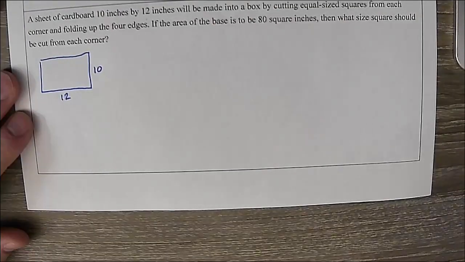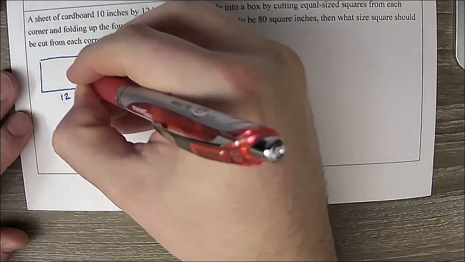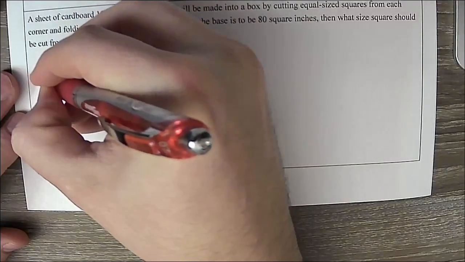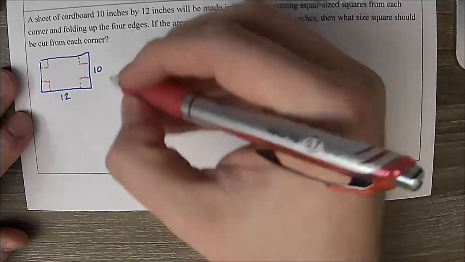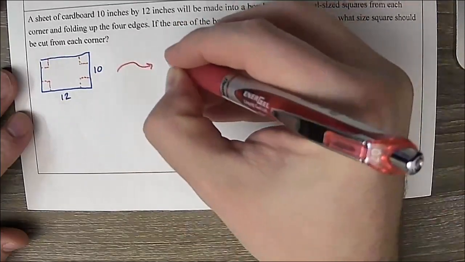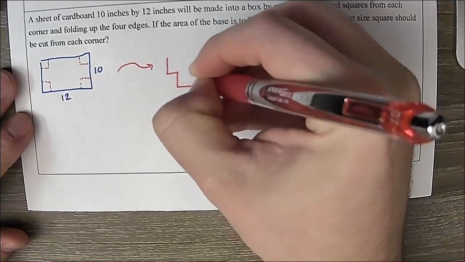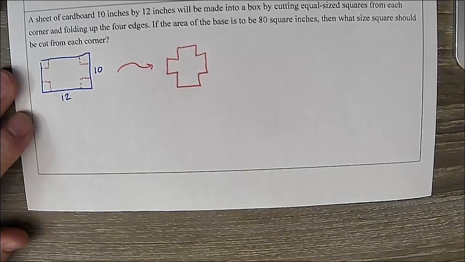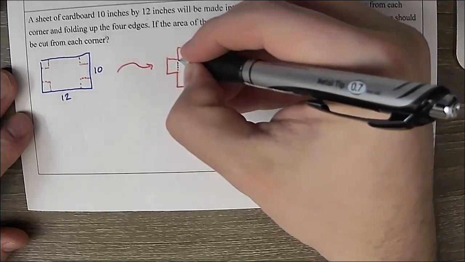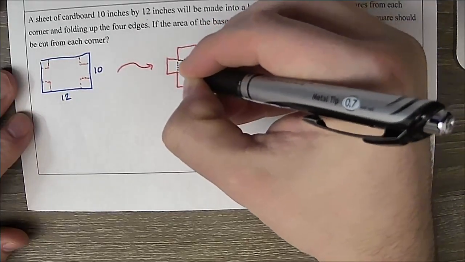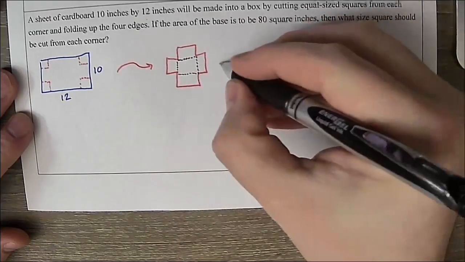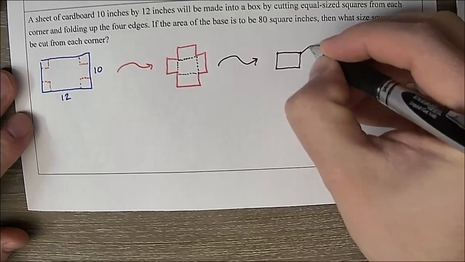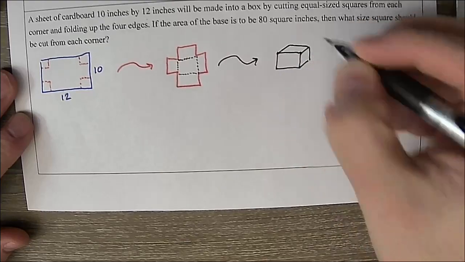So what's going to happen is they're going to cut out squares from each of these corners, which is going to turn that rectangle piece of cardboard into like a plus sign, where then if you were to fold it along these black dotted seams right here, you could fold it up into an open box.